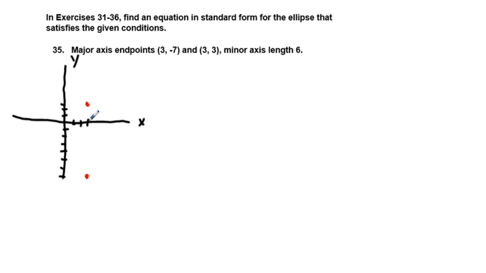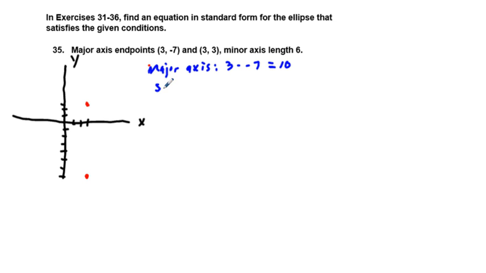And to find the center between these two endpoints, first of all, our major axis length is going to be 3 minus negative 7, which is equal to 10.